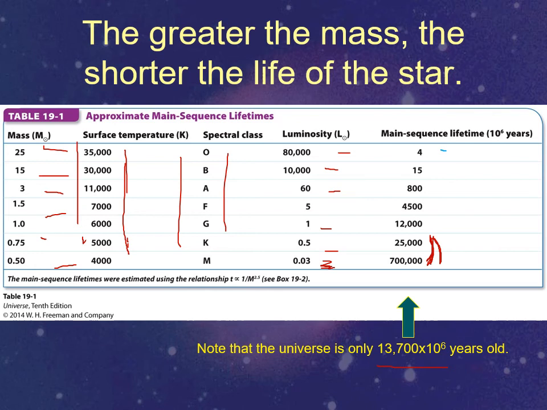Okay, that doesn't mean it's 50 times older than the universe. It just means that when it formed, the time it would take for it to die is 50 times older than the universe is old.